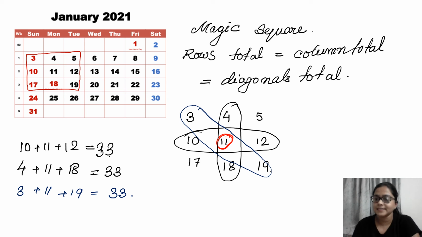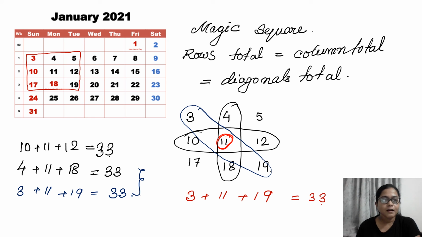How are we getting the same sum? There is a logic behind it. Consider 4 plus 11 plus 18 and 3 plus 11 plus 19, both 33.